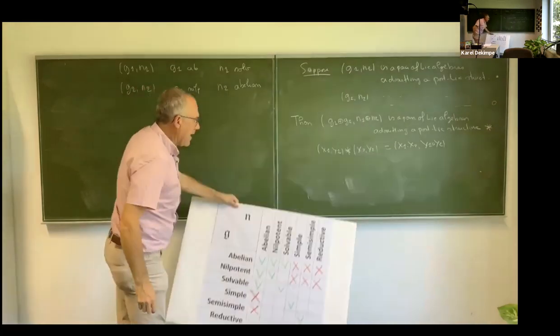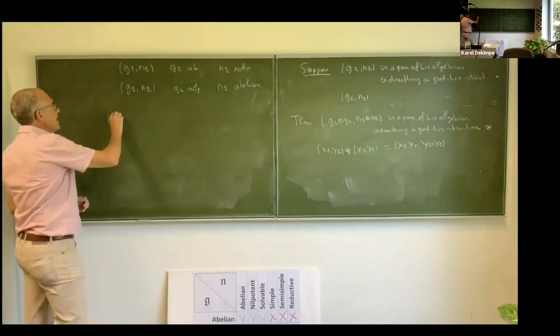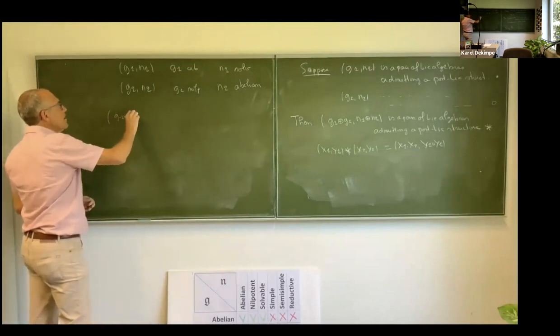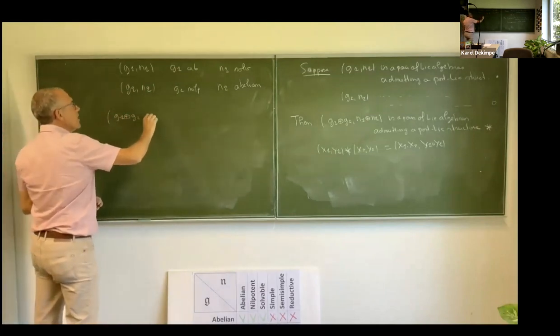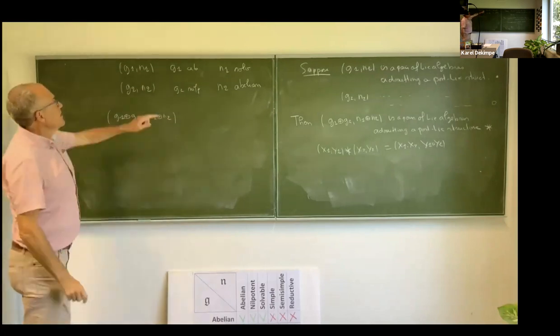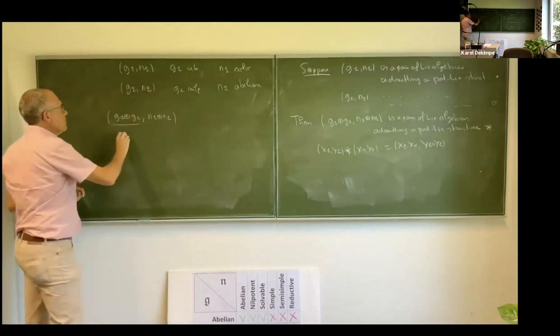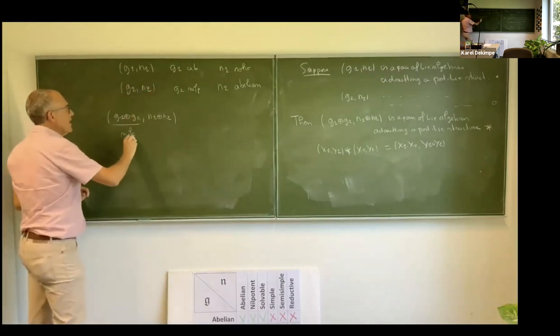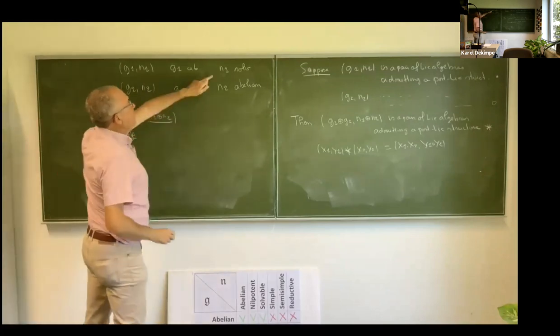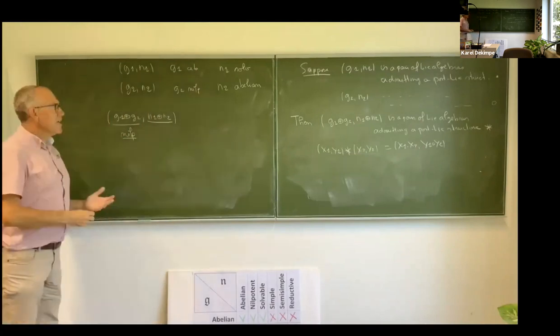Now, if we combine them, in the way I just explained, I get G1 plus G2, comma, N1 plus N2. G1 abelian, G2 nilpotent. This means that this one is nilpotent and non-abelian. N1 solvable, N2 abelian. This means that the sum is solvable.